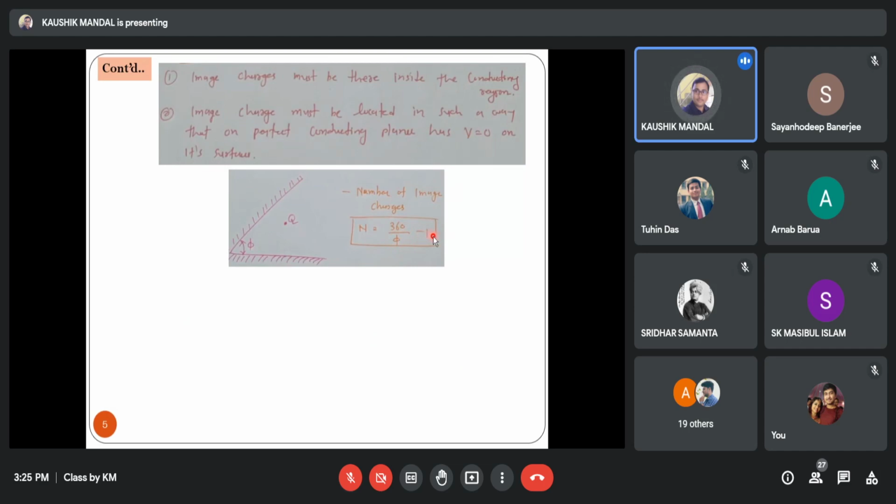So for inclined or more than one infinite ground plane with an angle of phi between the ground planes, n equals 360 by phi minus 1. It will be clear with the next example.